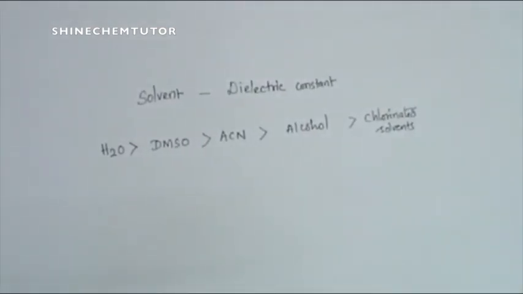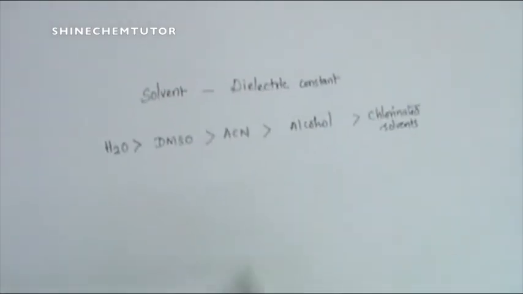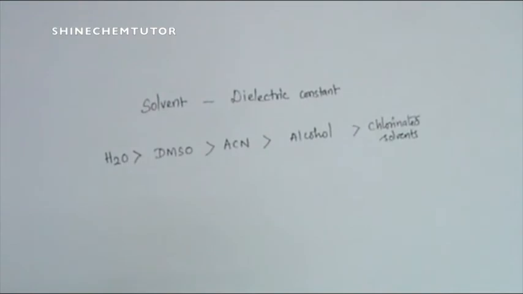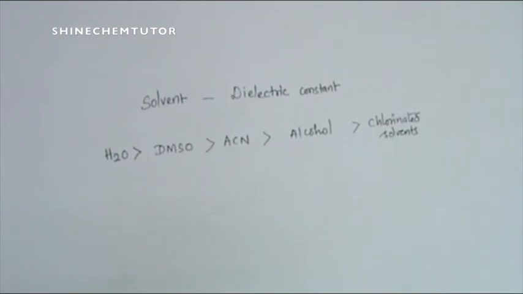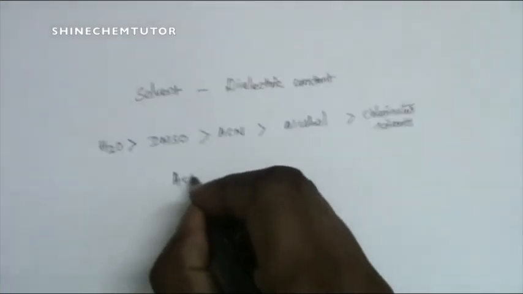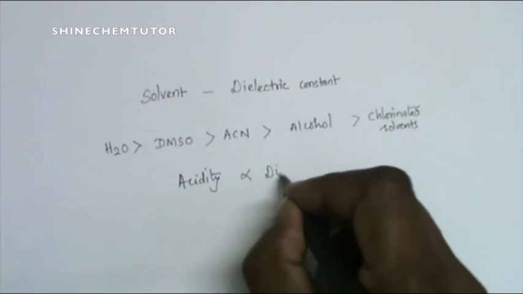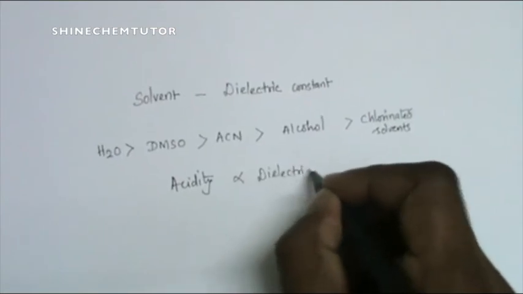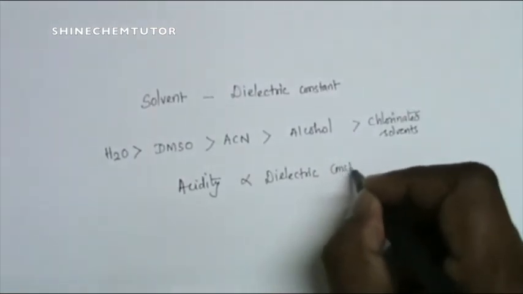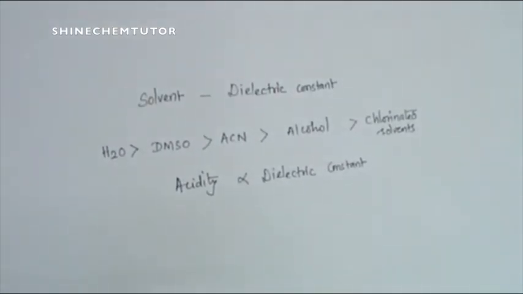When you go for solvent, you should remember the dielectric constant of the most common organic solvents. If you know that, then only you can predict. So the acidity and the dielectric constant are directly proportional. The higher the dielectric constant, the higher will be the acidity in that particular solvent.